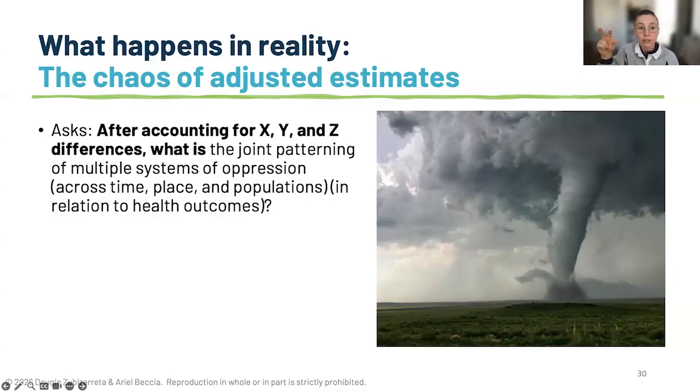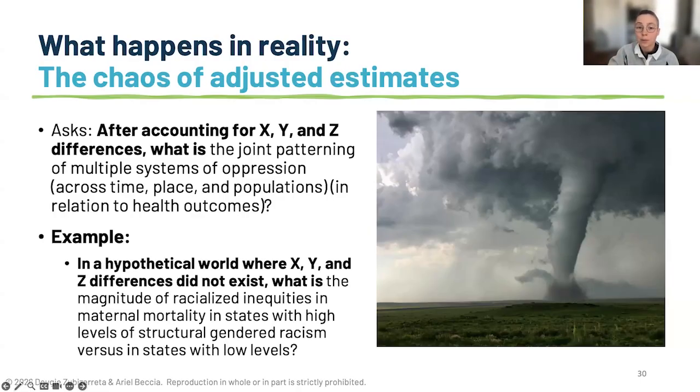So let's imagine that those differences were not existent. What is the joint patterning of multiple systems of oppression? And again, we can extend this research question to think about time, place, and populations in relation to health outcomes, et cetera.